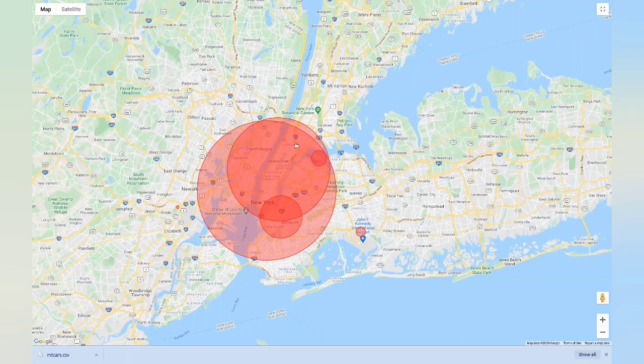I bet if you did the plot for last year, not now because of COVID, you would see a big circle around the airport, because it's very popular. The reason I asked the question is, remember, you need to be able to understand the data. This is not something K-means can tell you.